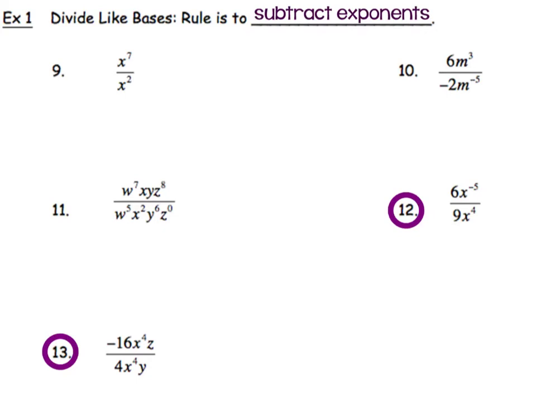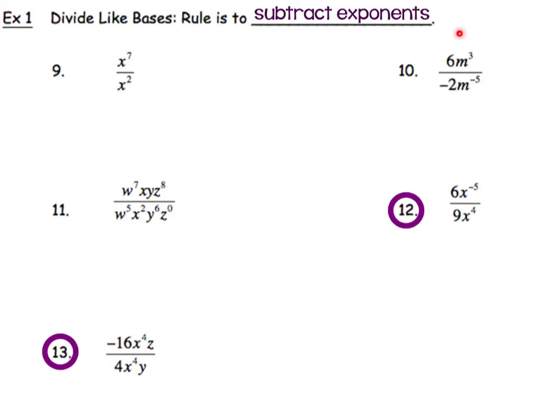Alright guys, so the first thing that we're going to do is talk about dividing. Notice these are all division problems, and I know they're division problems because I see those fraction bars. Those fraction bars are key indicators that these are division problems. So the rule is that you have to subtract the exponents.